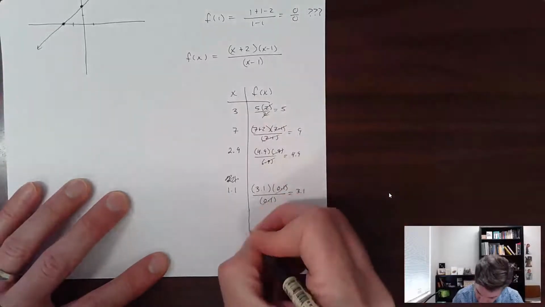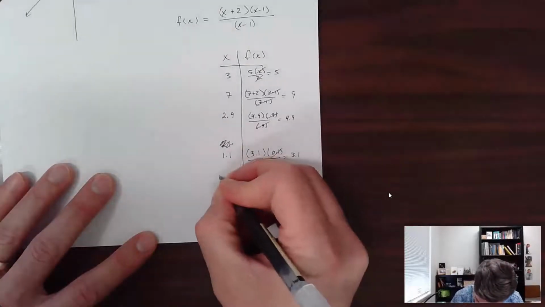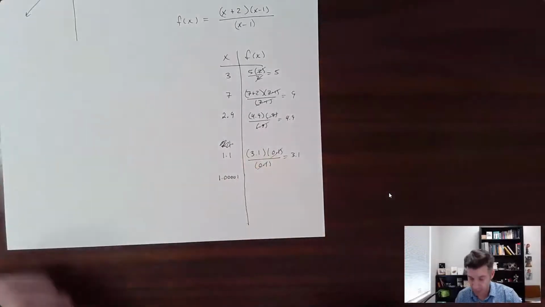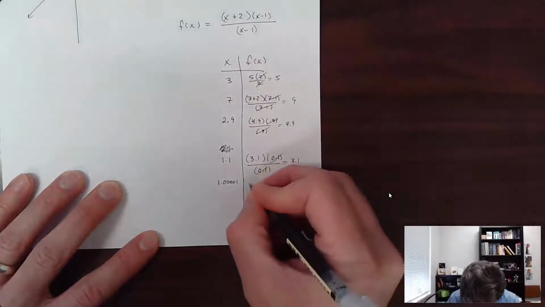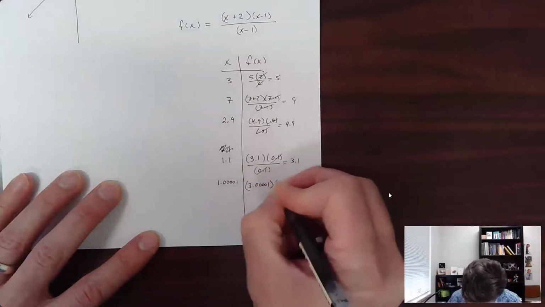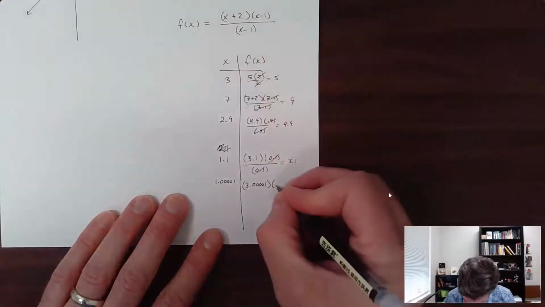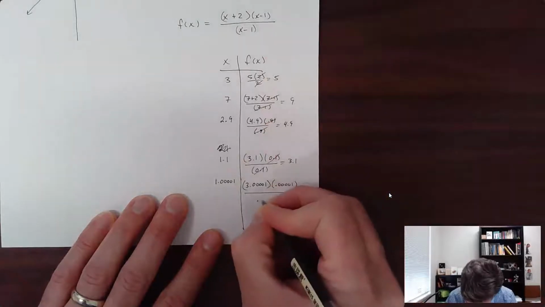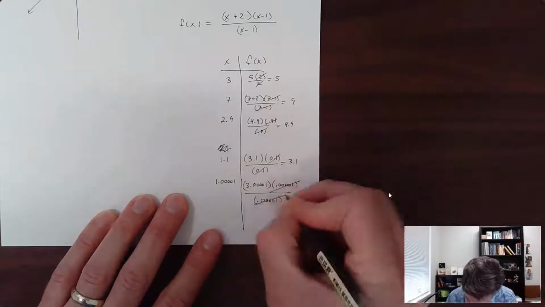And it works no matter how close the number is to 1. So I can pick a number like 1.00001. When I plug that in, that number plus 2 is 3.00001, times 1.00001 minus 1, which is 0.00001, divided by 0.00001. Oh, look, those cancel, right?